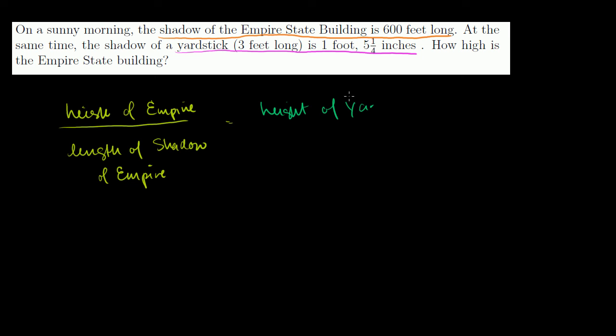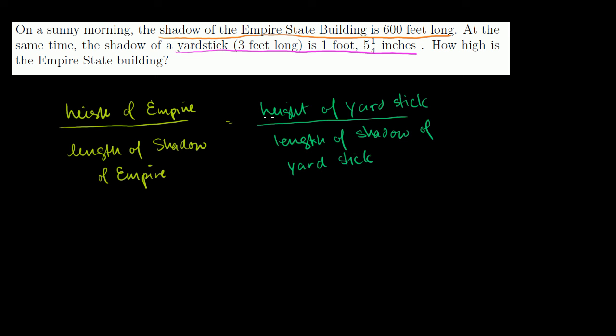I'm assuming that they're pointing up the yardstick like a skyscraper. Now, this problem looks a little bit hairier because we have feet here, and then we have 1 foot 5¼ inches.